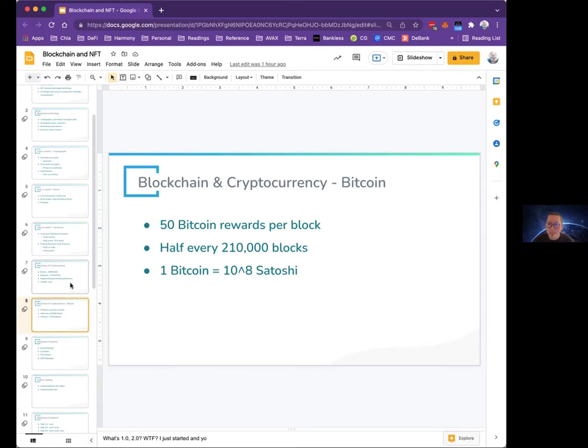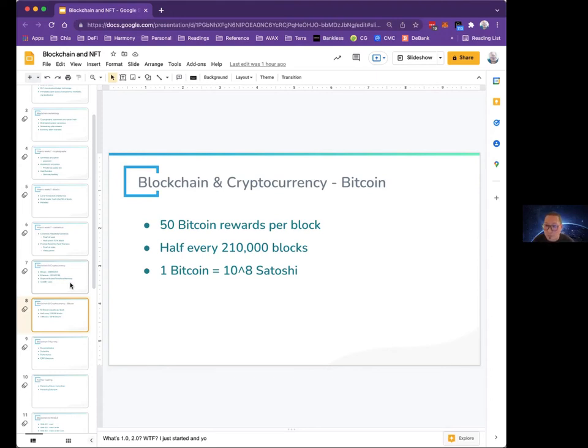Based on a rough calculation, around the year 2140, there will be no more Bitcoin generated. That's why when people talk about Bitcoin, I don't know if you've heard of that, there will be an upper limit of how many Bitcoin will be generated in the entire lifetime, or total.